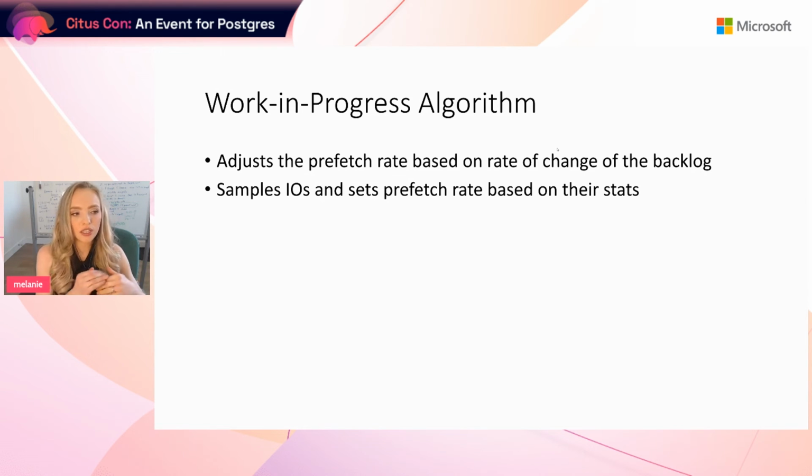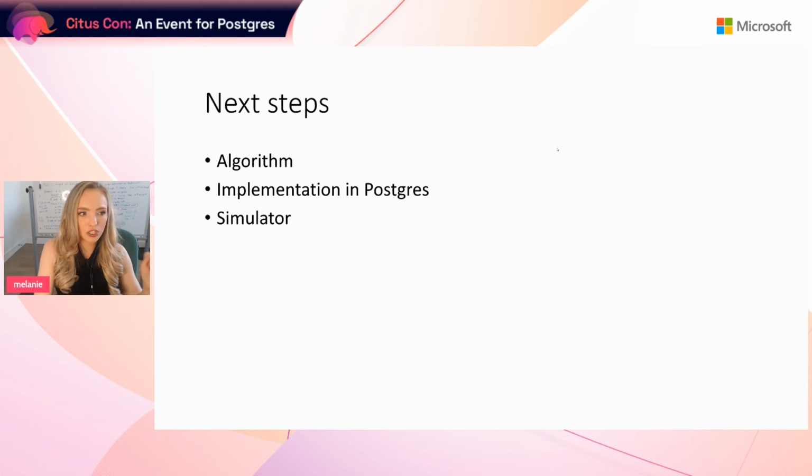And for storage bound workloads, I look at the difference between the prefetch rate and the in-flight rate, so that you see how much of a backlog on either side we are building up and adjust for it.